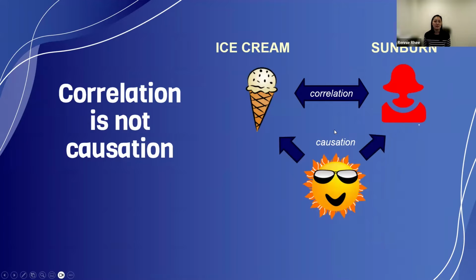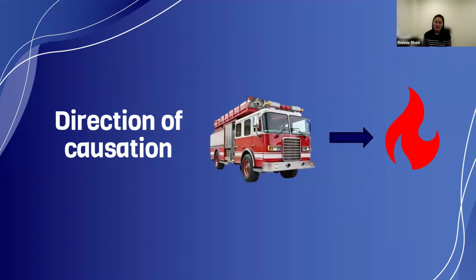And so similarly, we may see changes in the microbiome in people with diseases, but it doesn't necessarily mean the microbiome is causing the disease. There could be some other factor, for example, maybe changes in the immune system that could be contributing to both. The other thing with doing research studies in microbiome is trying to understand the direction of causation.